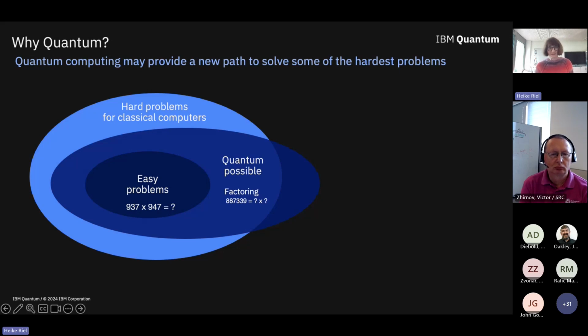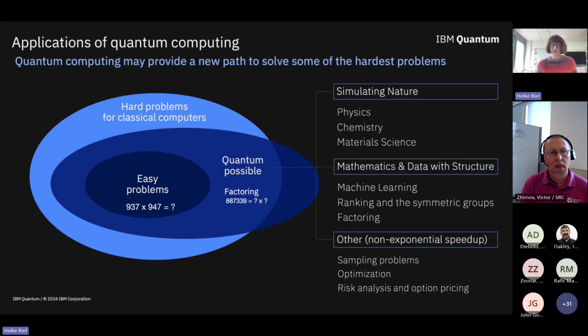So this is kind of an overview where, of course, easy problems can be easily calculated by computers, like multiplication. But if you look at factorization, the reverse problem, then we all know that this is very, very hard to do, because a classical computer actually needs to go sequentially through all of the numbers, and the time for this scales exponentially. So this is one example, factorization.